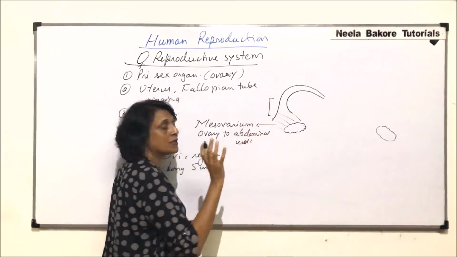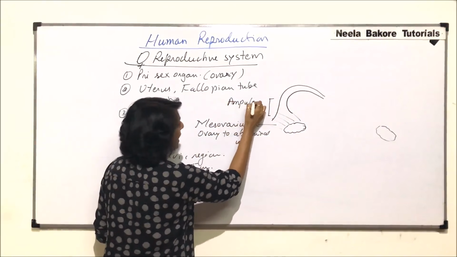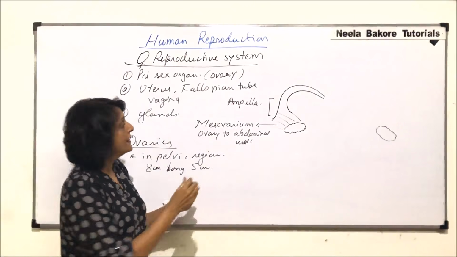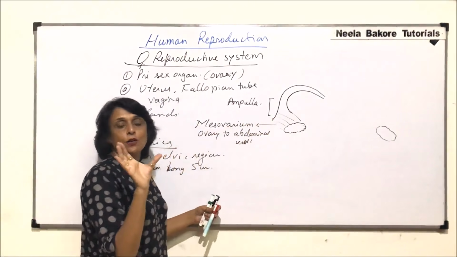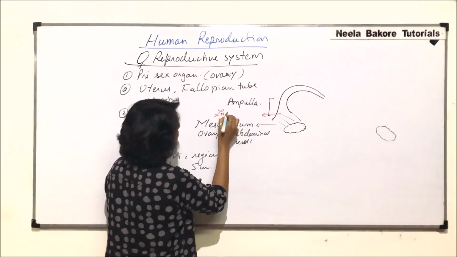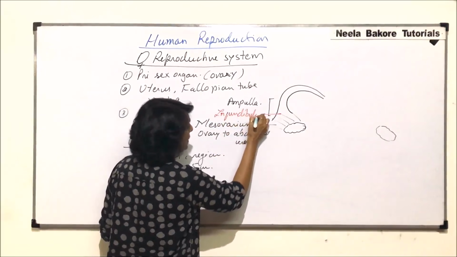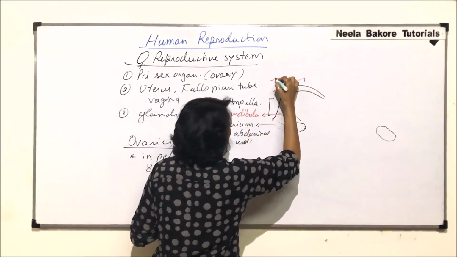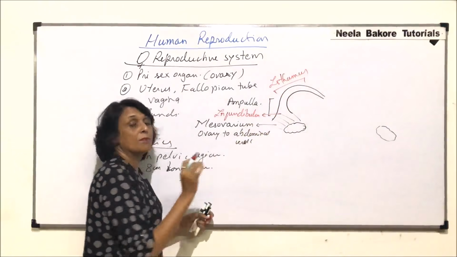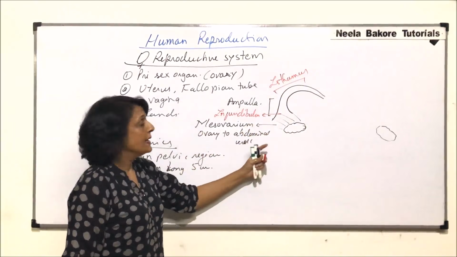The first part, which is the swollen part, is known as the ampulla. This ampulla has various parts. This broad funnel-like part of the ampulla is known as the infundibulum. And this part is the isthmus. So this broad funnel-like infundibulum has to collect the egg.